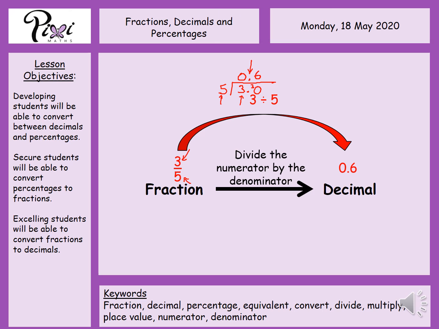We do the division, 3 divided by 5, and we get an answer. With these, I would recommend trying to do it at bus stop, but also checking your answer using a calculator just to check you are doing the division correctly. A really common mistake here would be to do 5 divided by 3 and think 5 is the bigger number, so I've got to do it like that. No, you always divide the top of the fraction by the bottom.